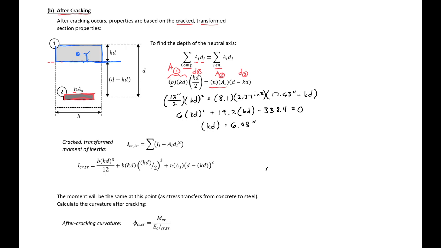We'll then find our I cracked transformed. And just like before, we'll use parallel axis theorem with our two different regions, our region 1, our cracked concrete, and our transformed steel, region 2.